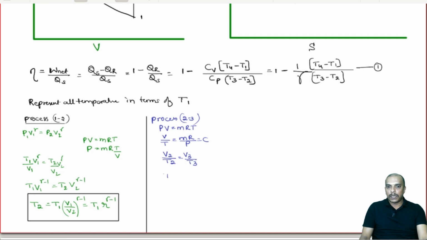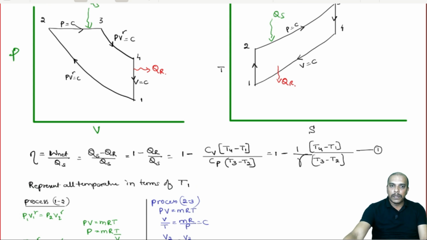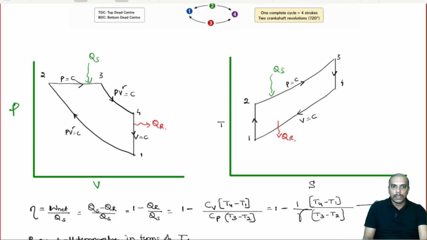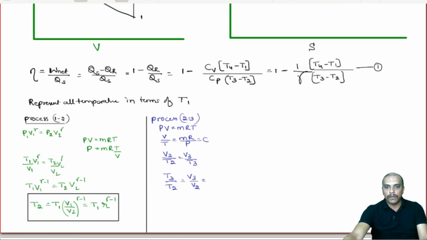Now, I will say that T3 by T2 is equal to V3 by V2. What is V3 by V2 is very important. If you look here, this is the portion up to which we keep on supplying fuel. Up to that volume we are supplying the fuel, and after this V3 we are cutting off the fuel supply.